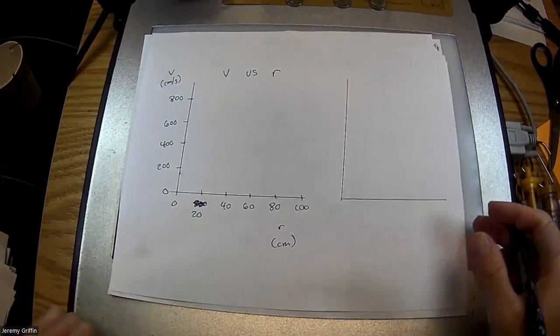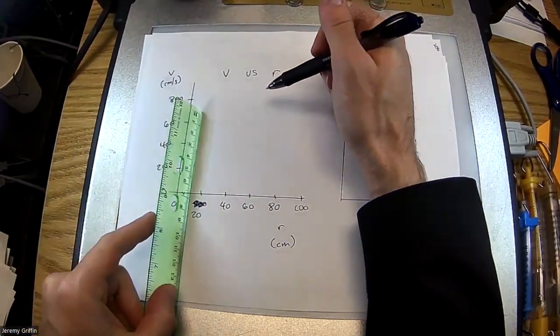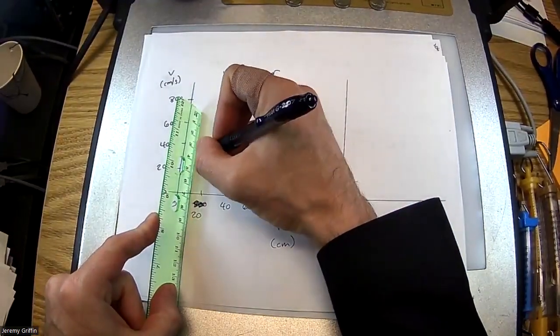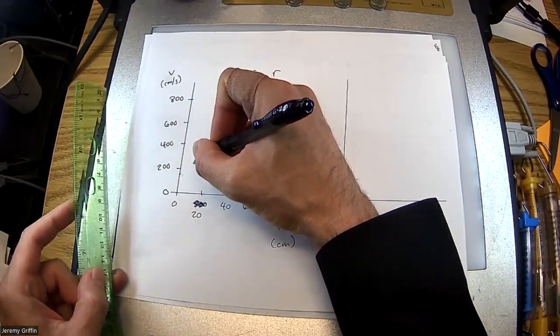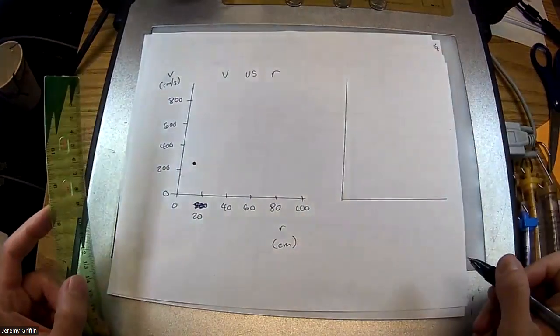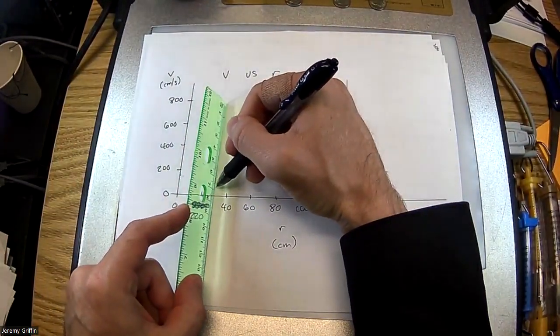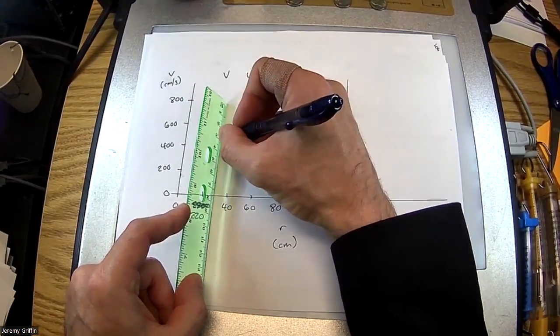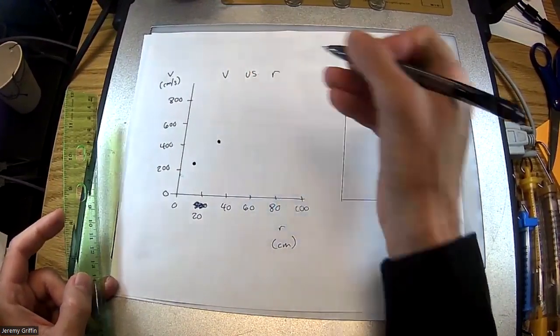All right, so data point time. What's one data point? 10 centimeters is 247 or something. Right up there. All right. Excellent. At 30 centimeters, it was 402.7. Bam. Right there.